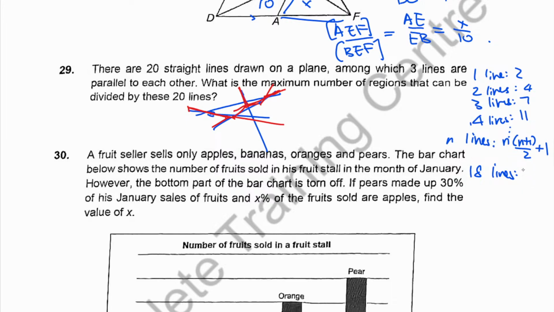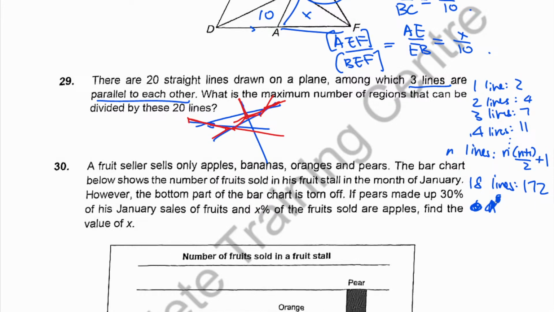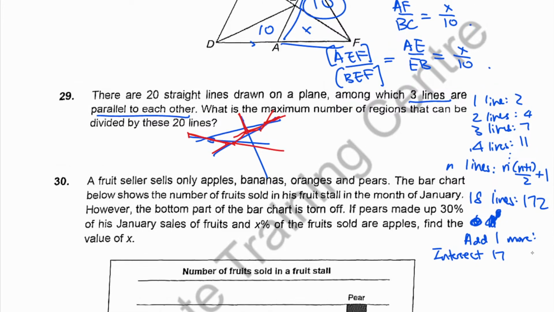So that is 172. And then after that, you have three lines that are parallel to each other. So if I add one more line, it will intersect 17 others.